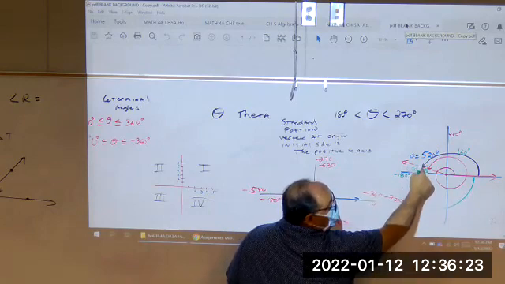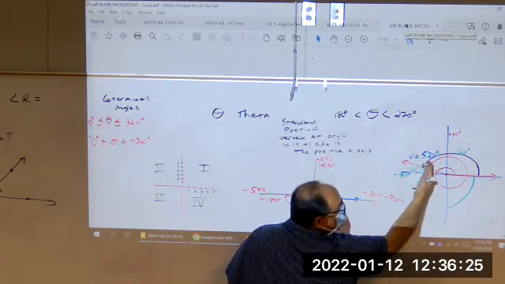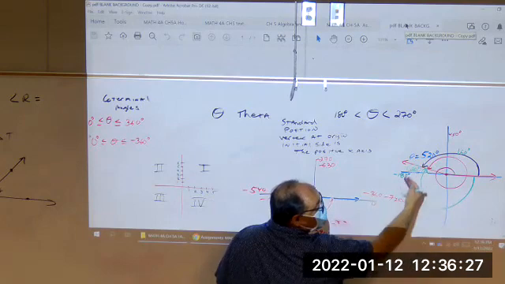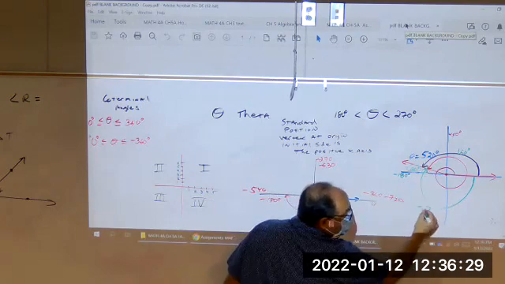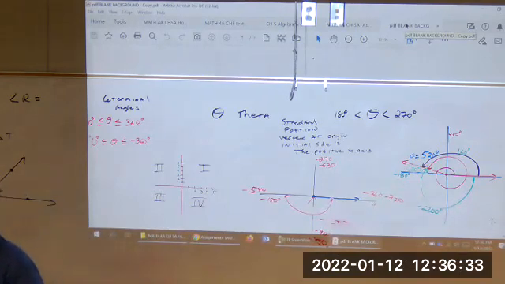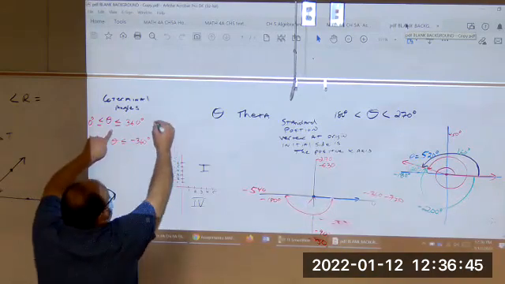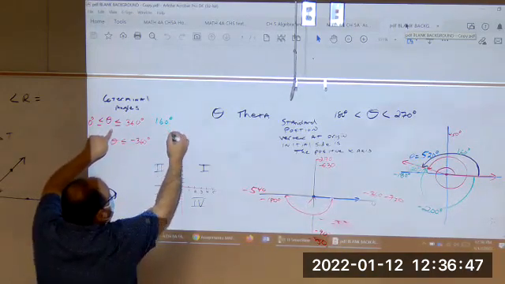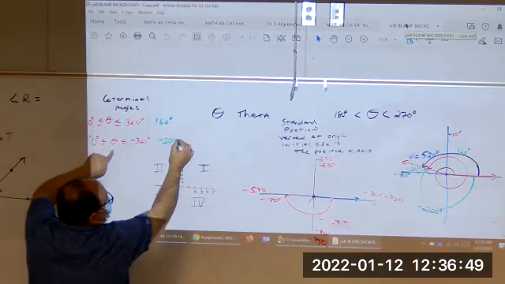Another extra 20 degrees, but in the negative direction, so -200 degrees. So find two coterminal angles, one between 0 and 360, and one between 0 and -360. This one is 160 degrees, and this one is -200.